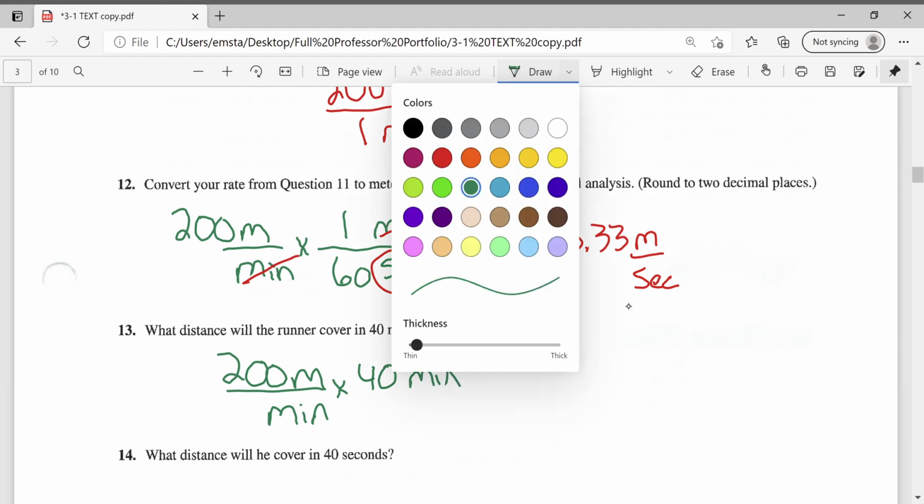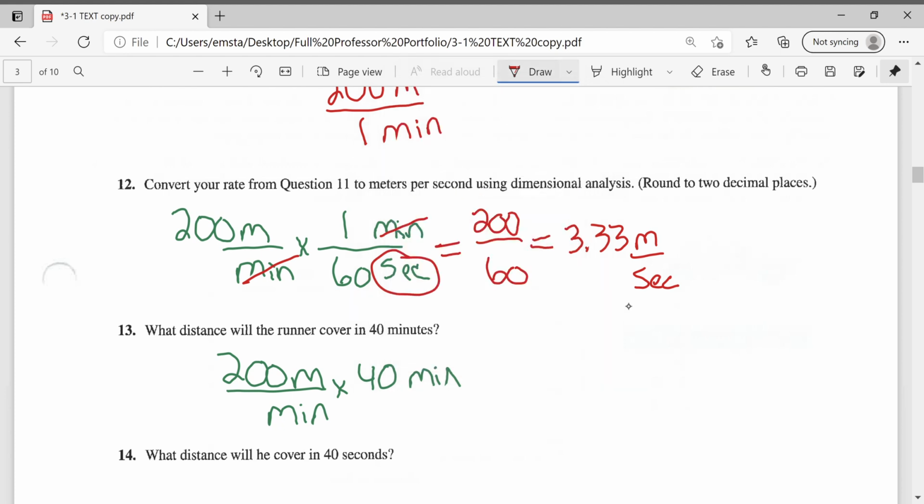You will see again that minutes cancels out, and I'm left with just meters. So go ahead and do the arithmetic. Do 200 times 40. You can use the calculator to do that. And you find that our runner will go 8,000 meters.